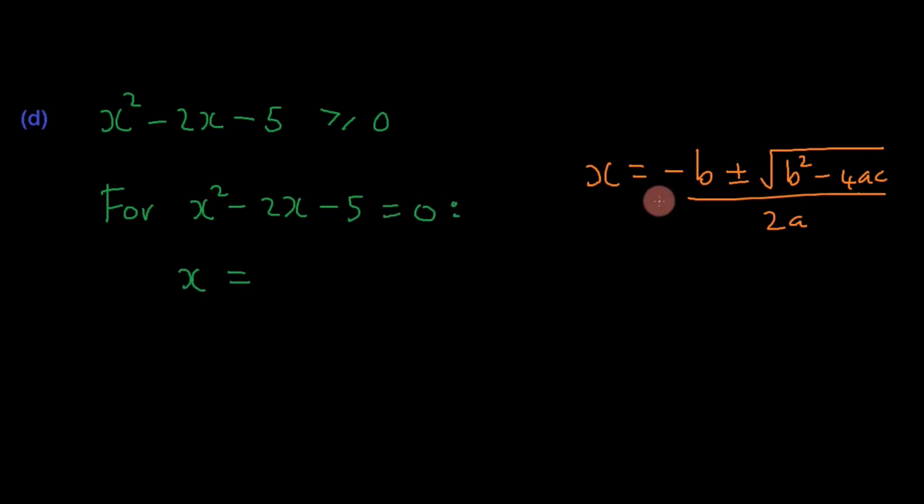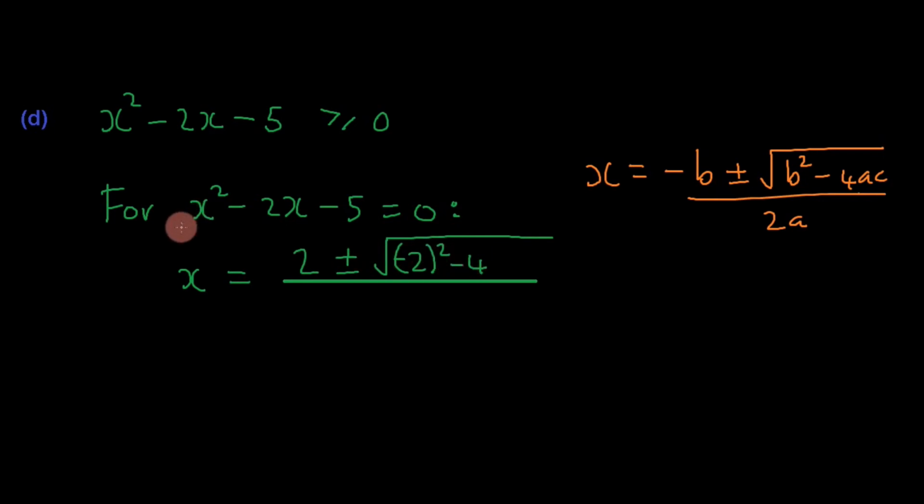Then using the quadratic formula here, it's going to be negative b, so negative minus 2 or minus negative 2. So it's 2 plus or minus the square root of negative 2 squared minus 4ac. A is 1 and c is negative 5.